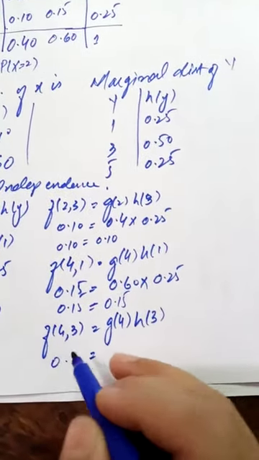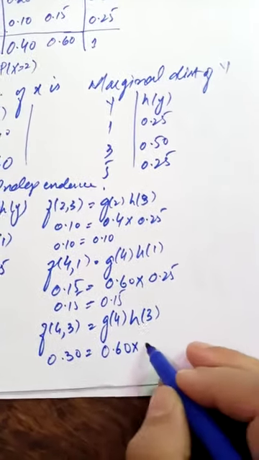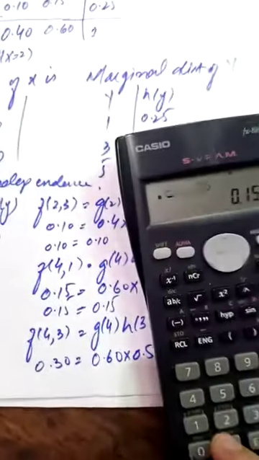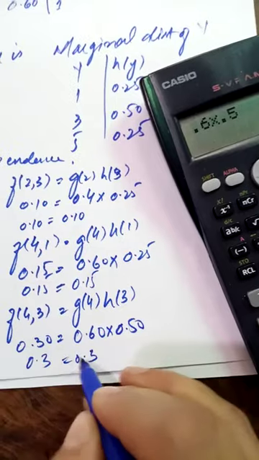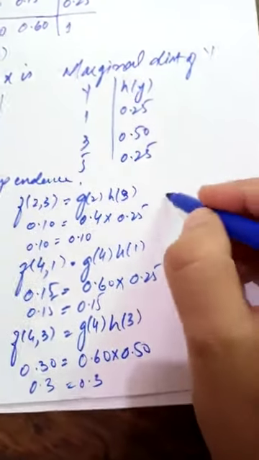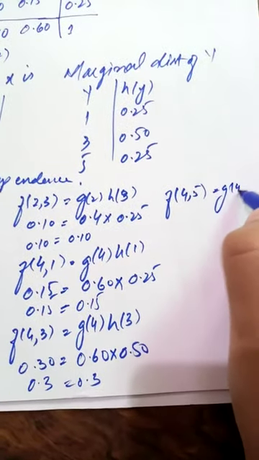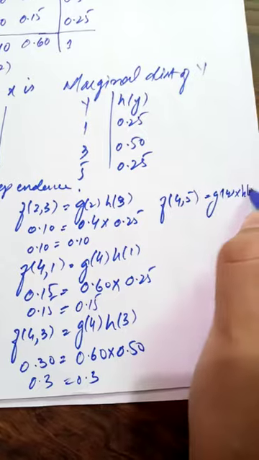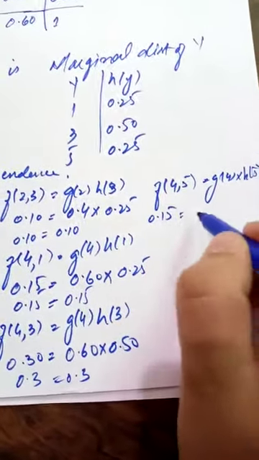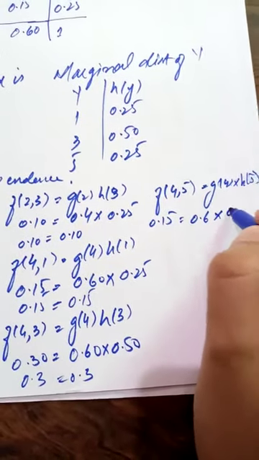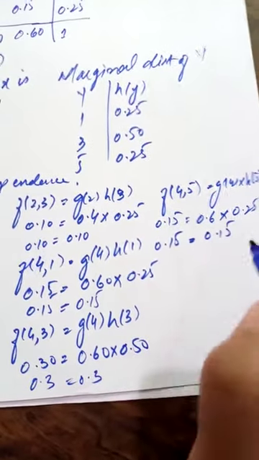It's 0.30, and 0.60 multiplied by 0.50, so 0.6 into 0.5 is 0.3. Similarly, the last pair, f of 4, 5, should be g of 4 cross h of 5. What is f of 4, 5? It's 0.15, g of 4 is 0.6, and h of 5 is 0.25. You have already multiplied it, so this also follows the rule of independence.